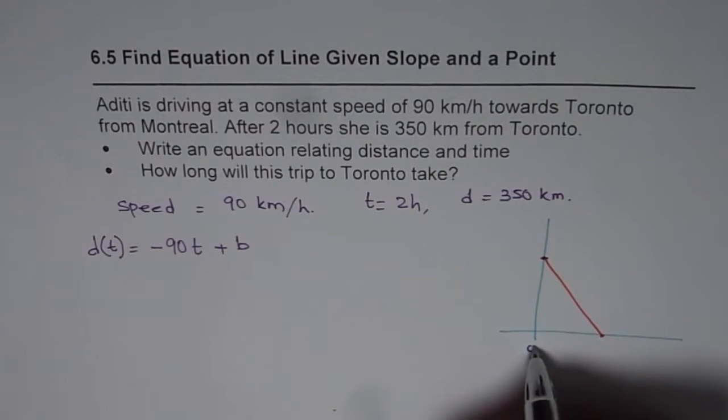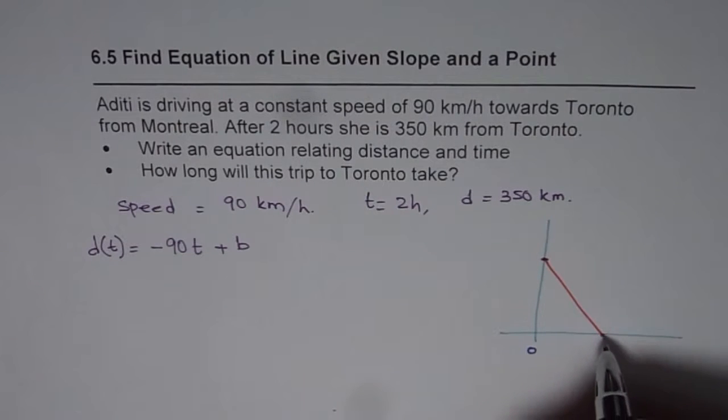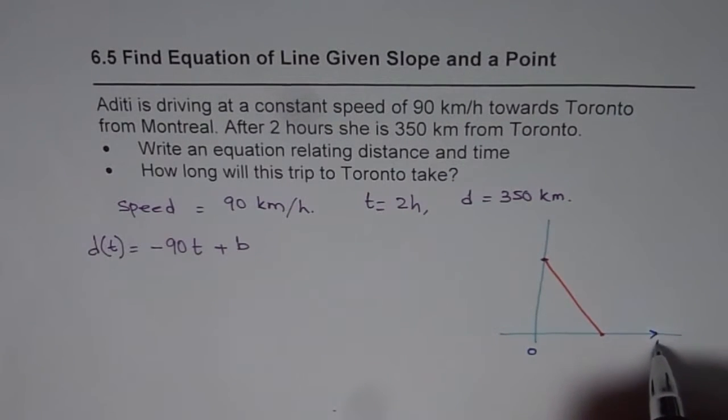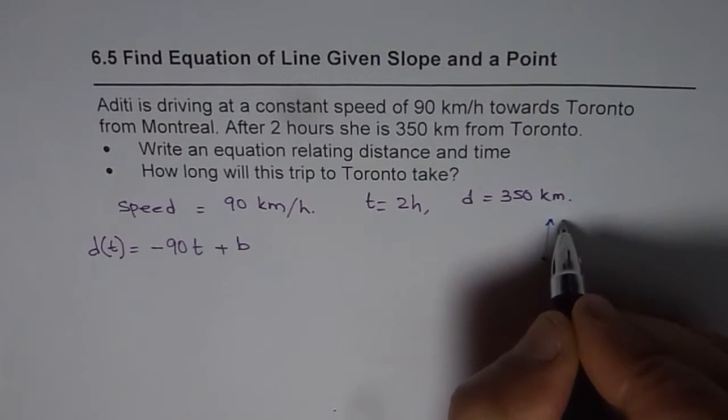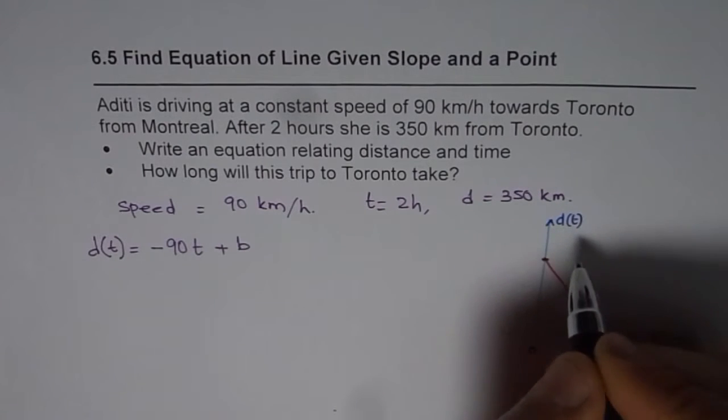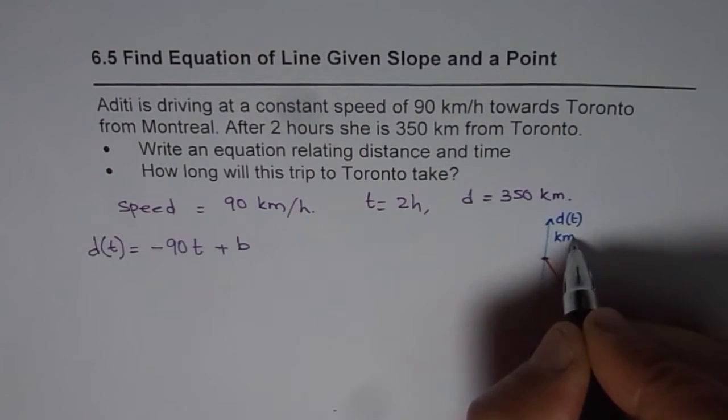This is at t equals 0. Now at some time the distance will be 0 from Toronto, when Aditi is in Toronto, right? This is t, time in hours. This is distance d of t, and distance is in kilometers.